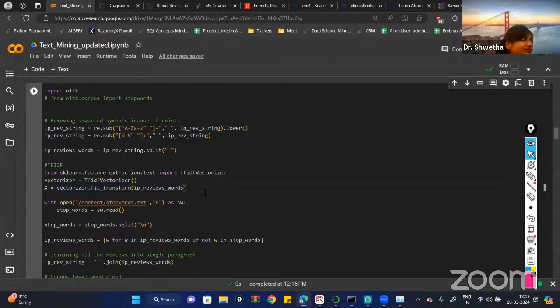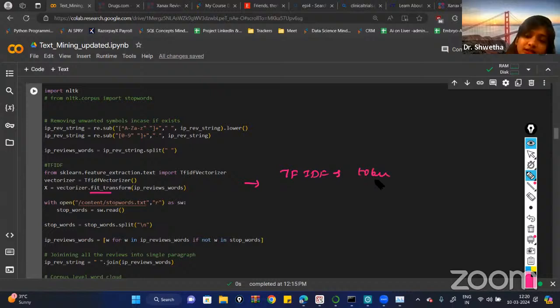All the words, first we have converted into tokens, and after that we are vectorizing them. Now, the vectorizer will see the term frequency and inverse document frequency for each token and then vectorize them.